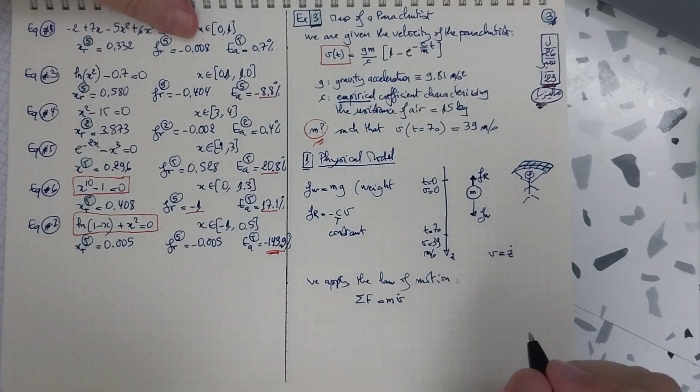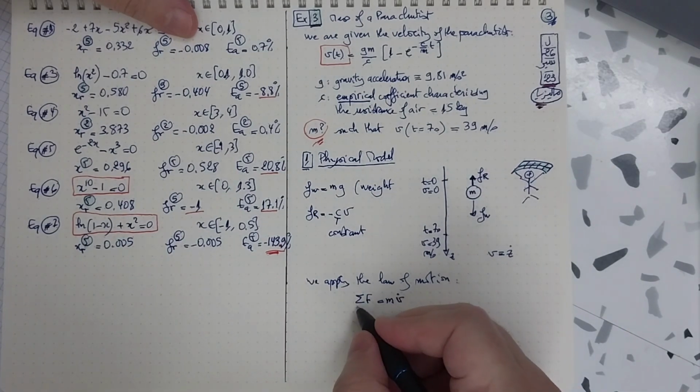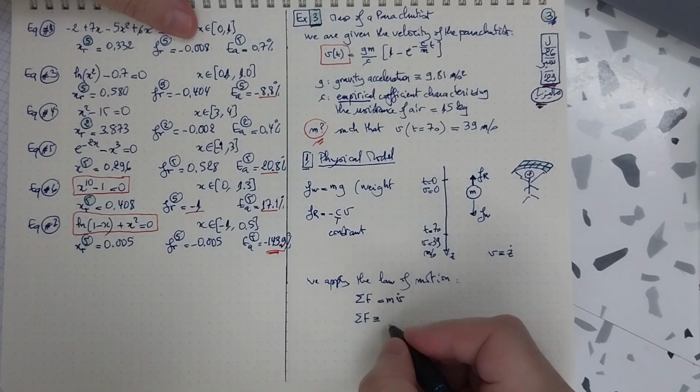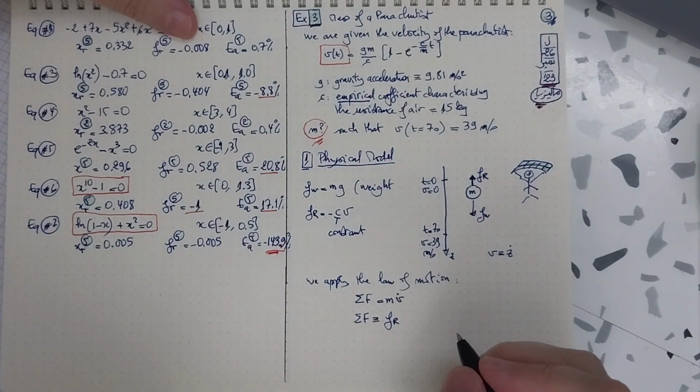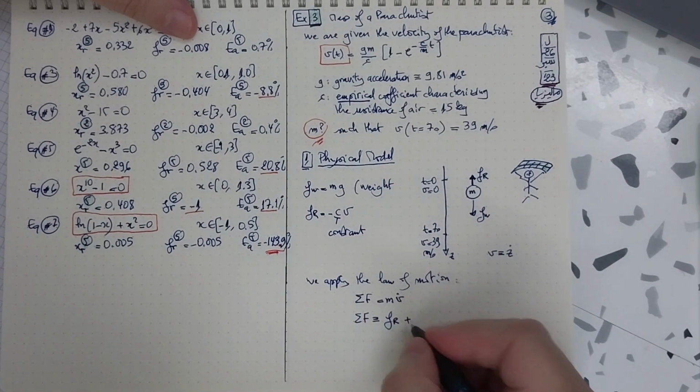This is the law of motion. The sum of the forces, the resultant force, is Fr, the resistance due to the air, and Fw, the weight.